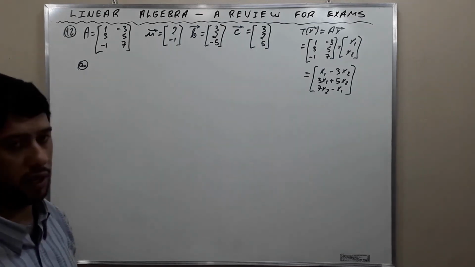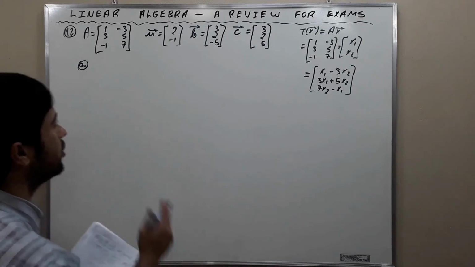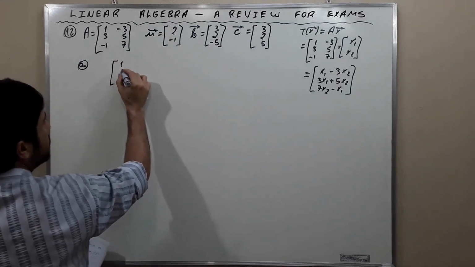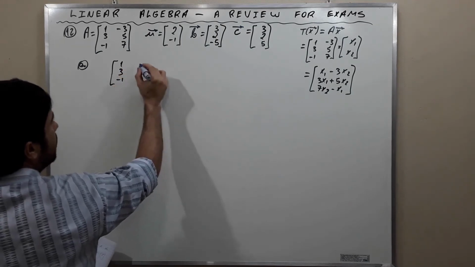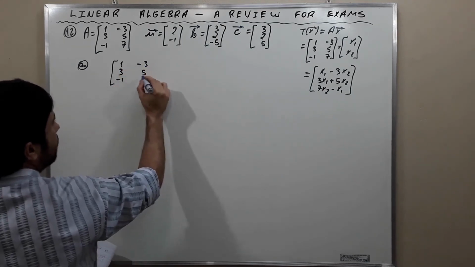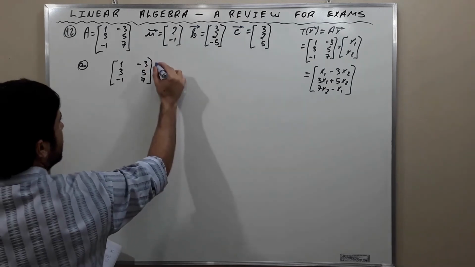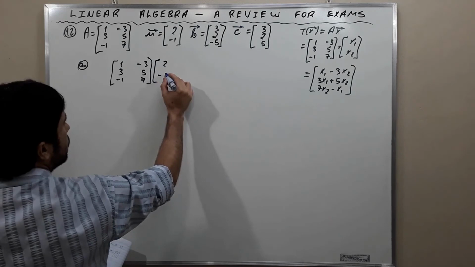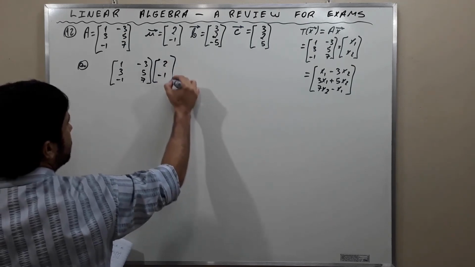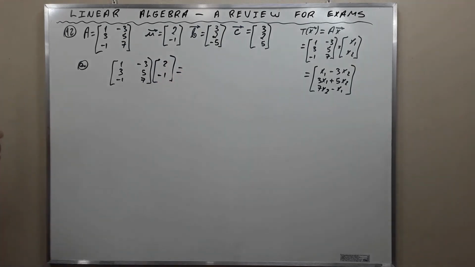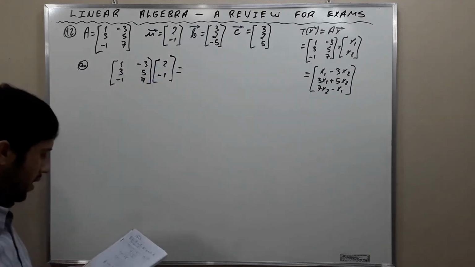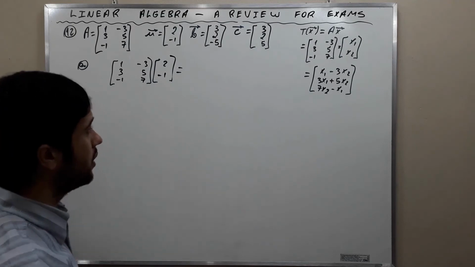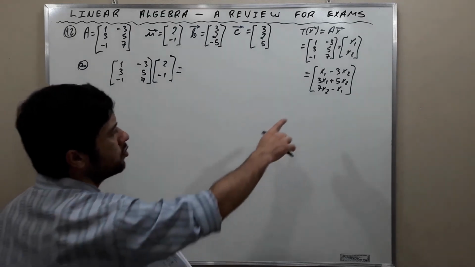Okay, there are two ways of doing this. We can simply apply the transformation 1, 3, -1, -3, 5, and 7. We can apply this transformation to vector U, 2 and -1, and then we simply multiply here, and there is also the possibility of using this.